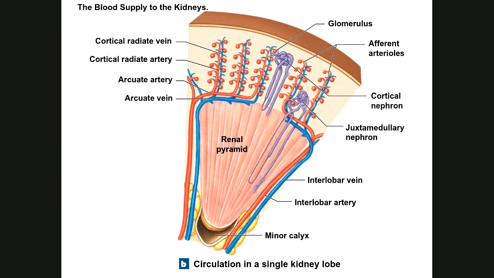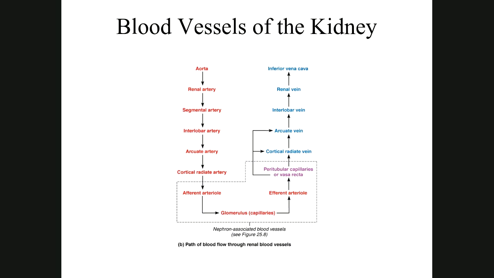All right, segmental, arcuate artery, interlobar, that came from the segmental artery. If you remember, we have the segmental, interlobar, arcuate, cortical, afferent. Okay, so we go back.